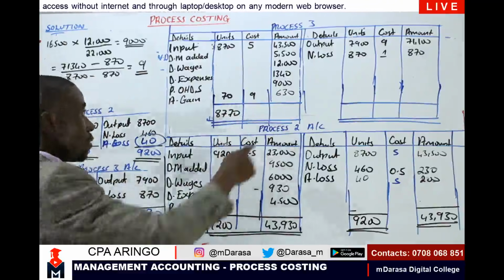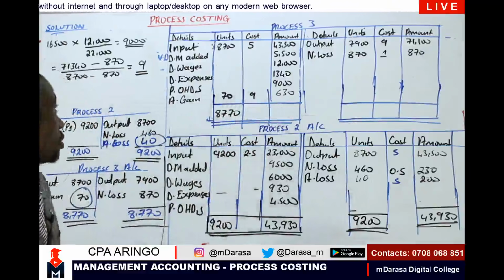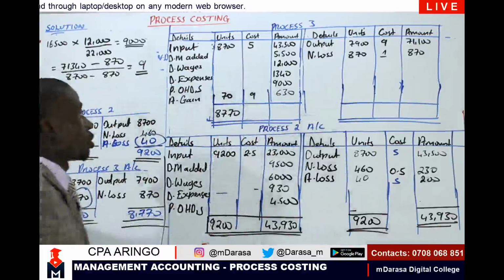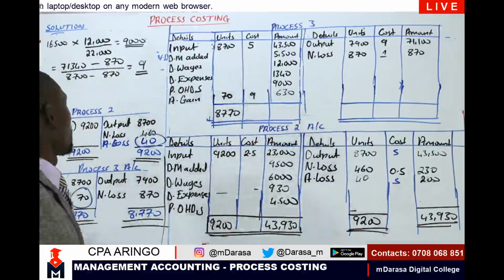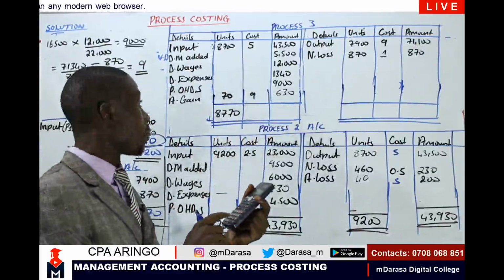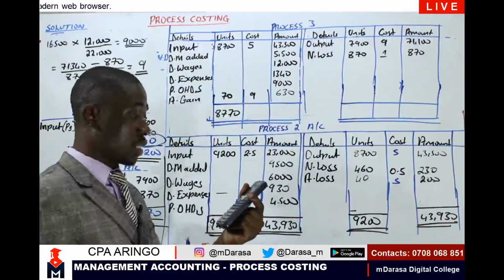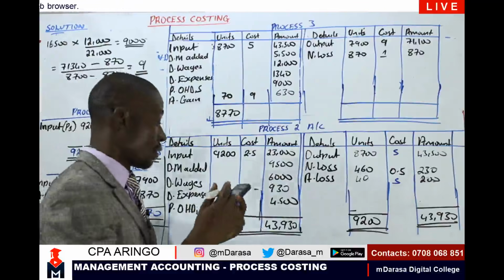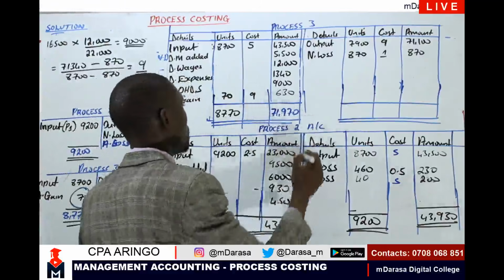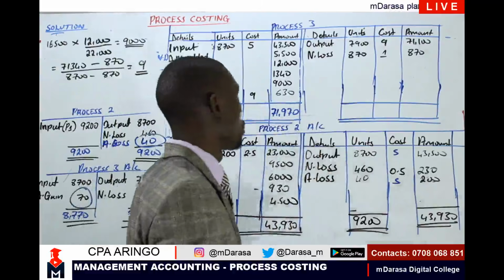What about our value here? We had already determined 71,340 up to production overheads. So I'll just take 71,340 and add 630 to give us how much? 71,970.